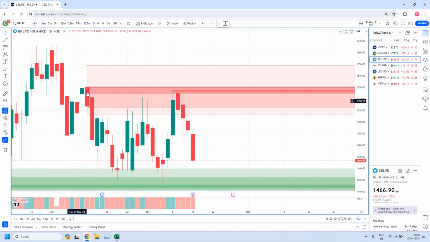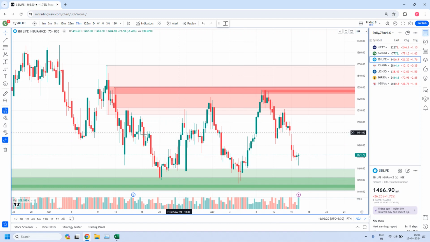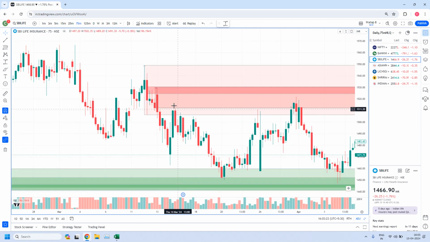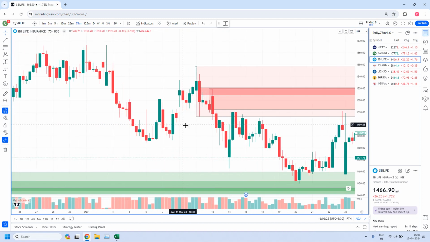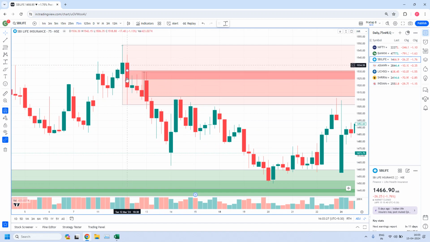We have an ERC candle, 2 base candles and a drop candle. This is the leg-in, 2 base candles and a drop candle. And this we fine-tuned with the 75 minutes time frame. Here we identified a 75-minute zone. We have a drop, 1, 2, 3 base candles and drop follow-through candles.